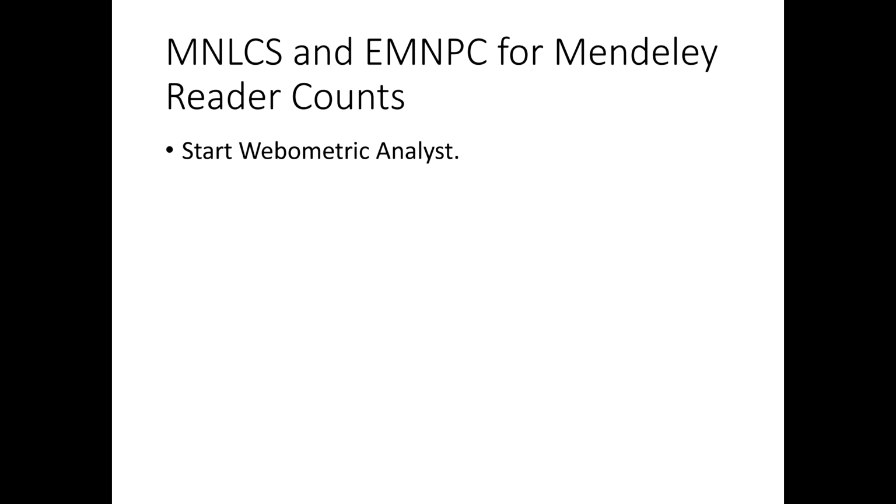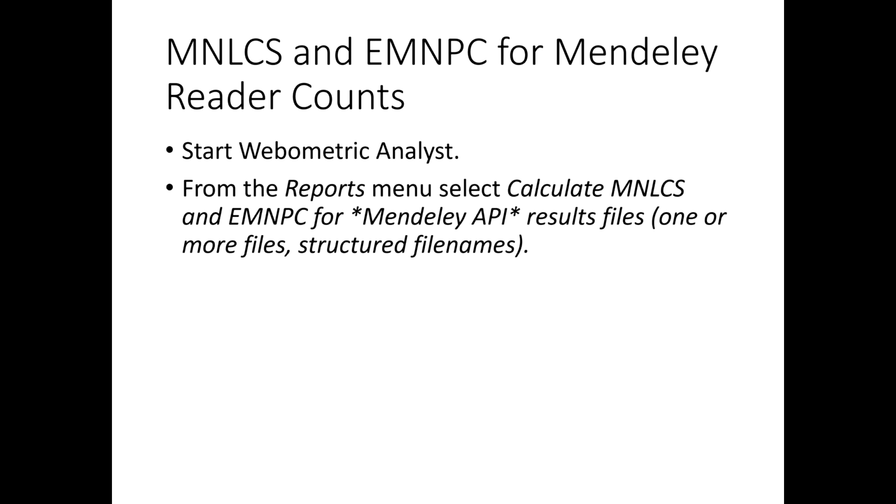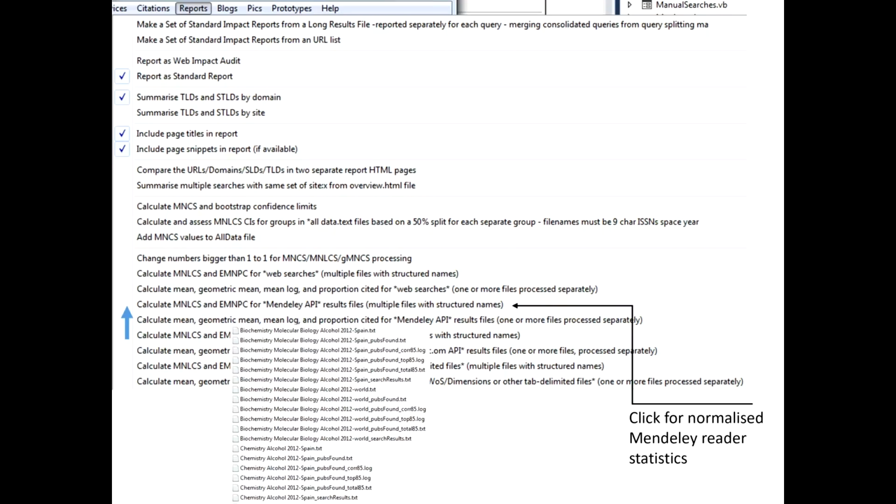For the reports, we need to start Webometric Analyst again, and from the reports menu we select calculate MNLCS and EMNPC for Mendeley API results files, 1 or more files structured file names, similar to before but the Mendeley version, and select the folder containing the files again.